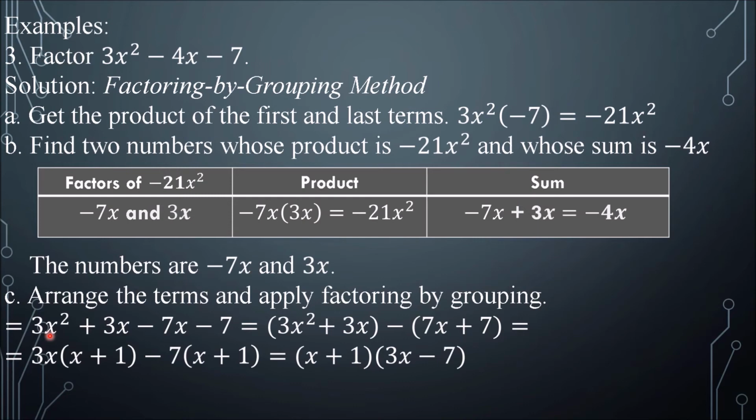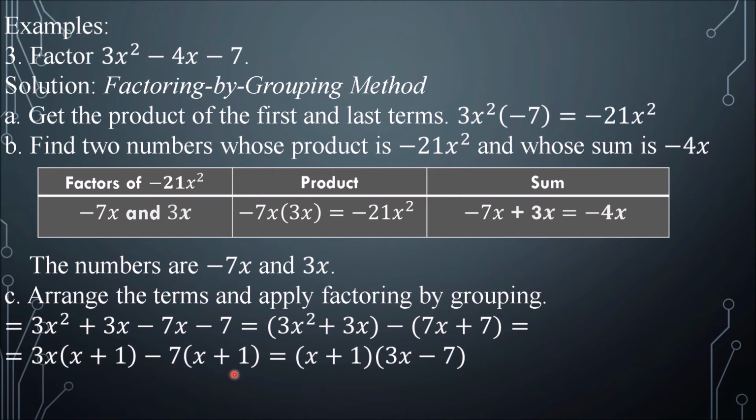So as you can see, 3x squared plus 3x, that's the first group. This group has a common factor of 3x and the remaining factor of x plus 1. Now the remaining terms, negative 7x minus 7, will be changed into negative quantity 7x plus 7, in which the common monomial factor is 7 and the remaining factor is x plus 1.